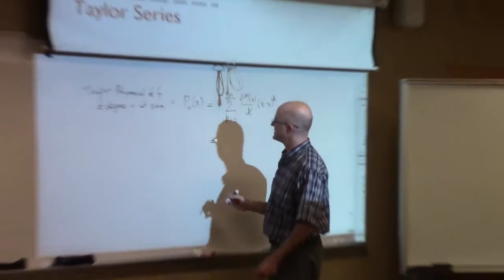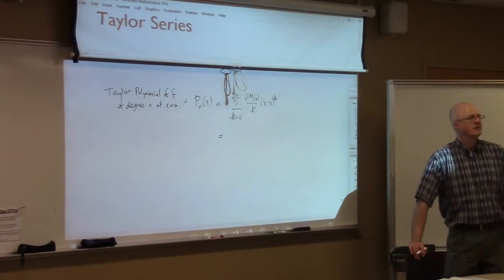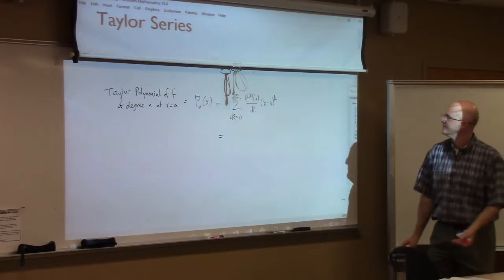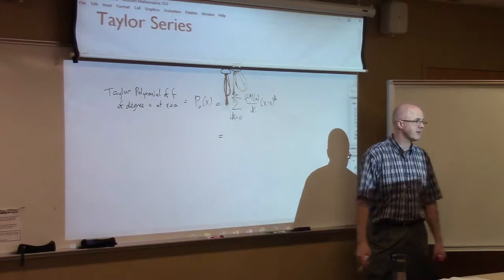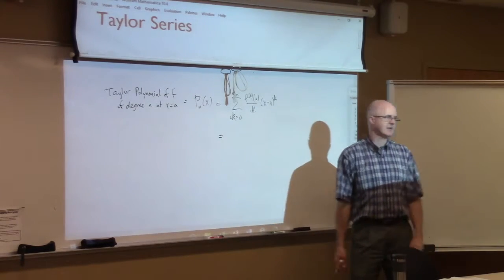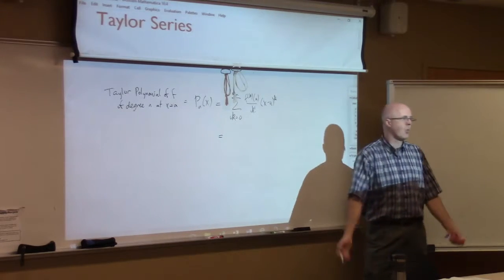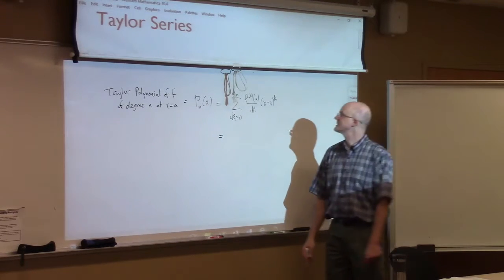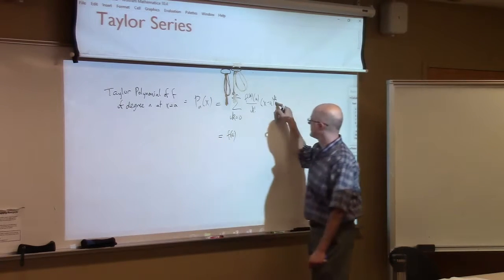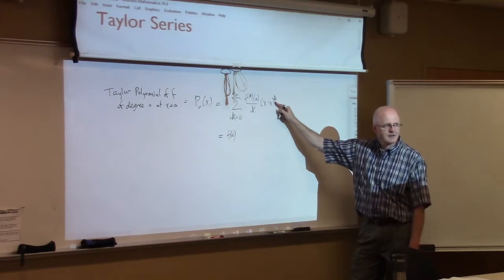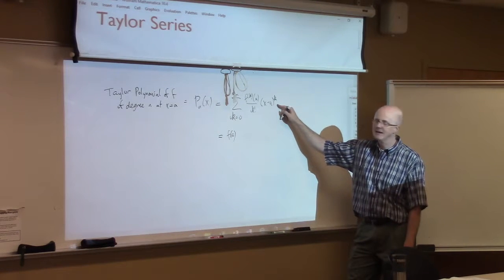It's good to write this out as well. It helps people understand it better, I think. A, again, is a fixed number. Actually, when k is 0, the 0th derivative of f is taken to be f itself. 0 factorial, by definition, is 1. So the first term is actually just f of a. We got a 0th power there, so you get 1 there with x minus a to the k.